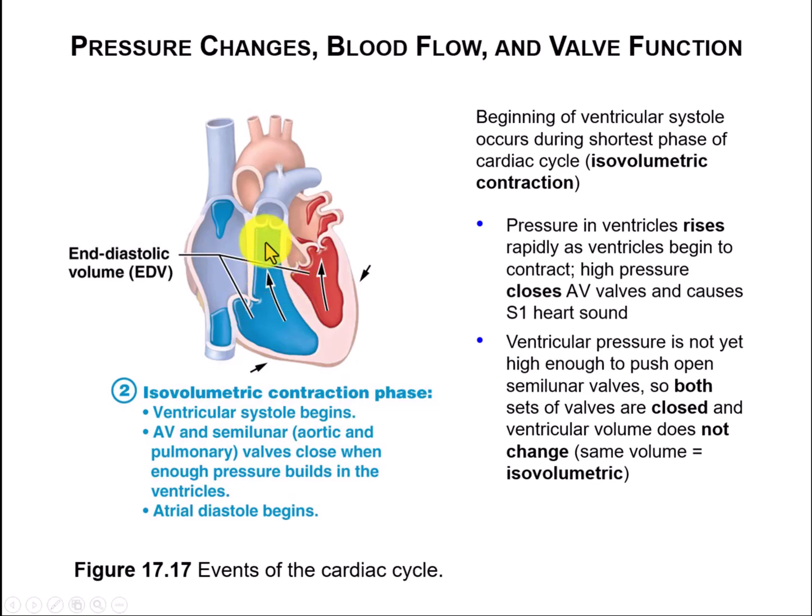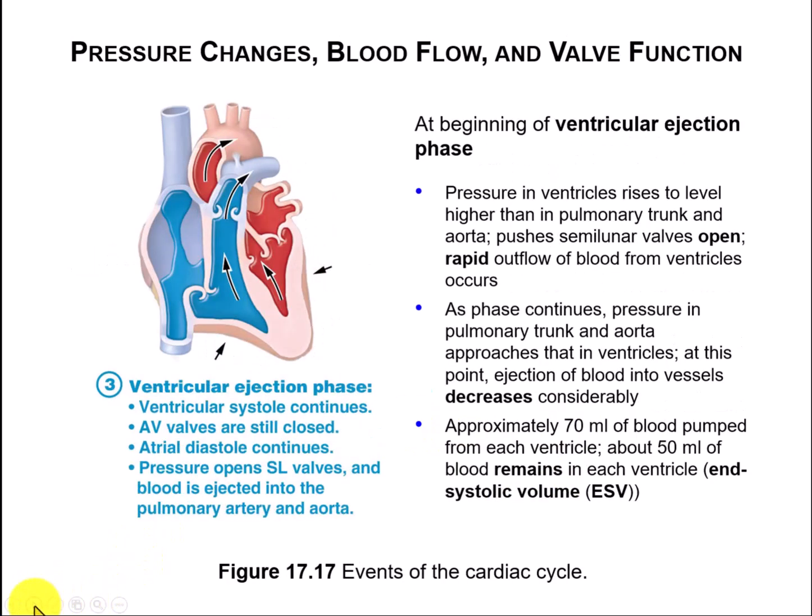So all the valves are closed, and that's why we are isovolumetric, same volume. Because all the valves are closed, no blood is leaving the ventricles, and the pressure is building. We hear that first sound as the AV valves close, and then ventricular pressure will continue to build until it can hit its ejection phase.